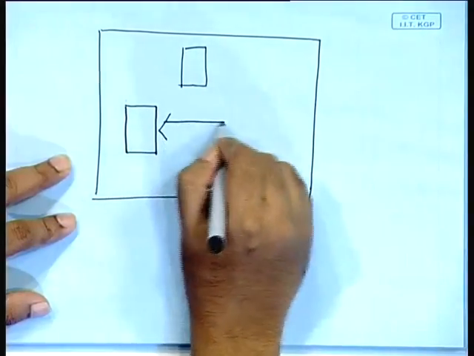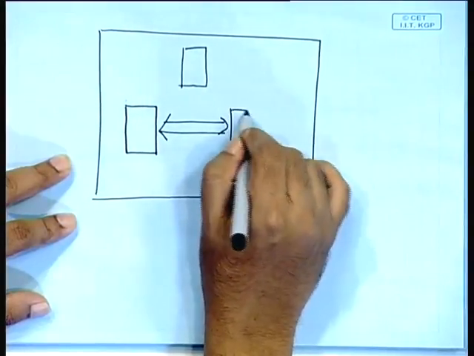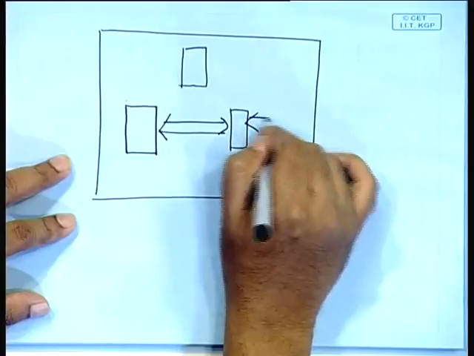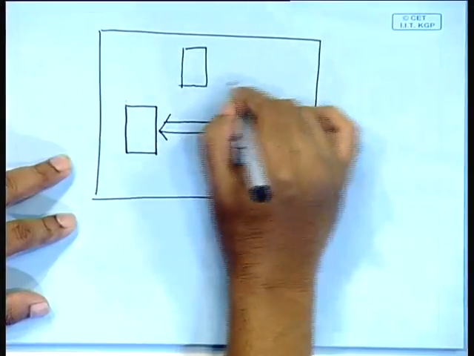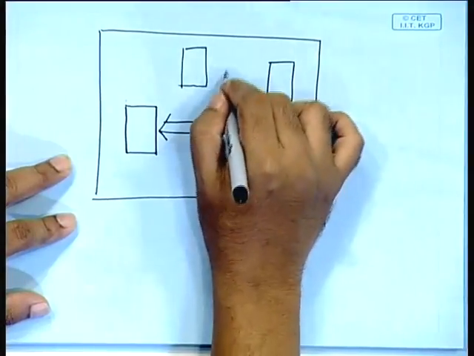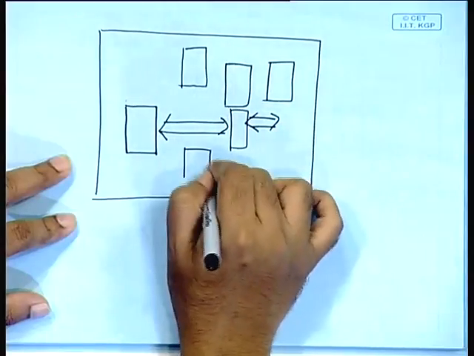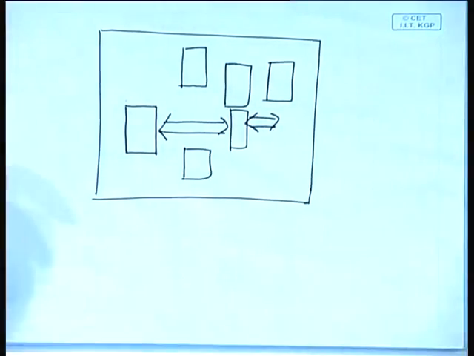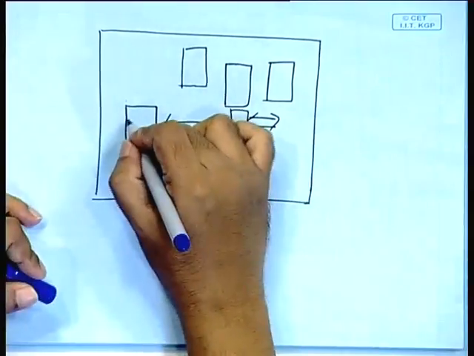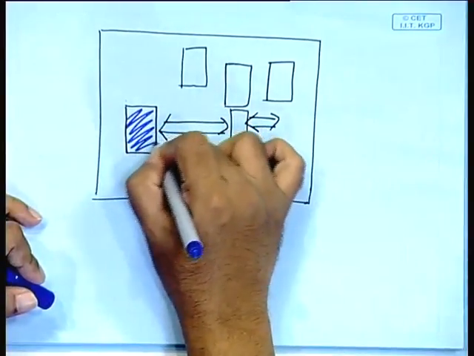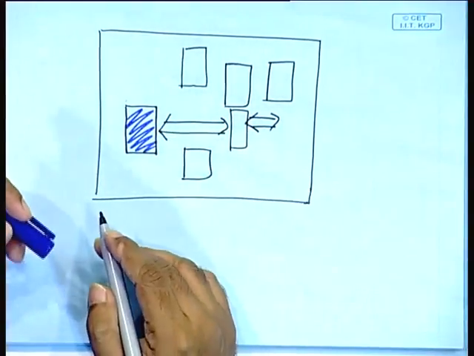It can have buses, it can have interfaces with other components. Now, this is the rest of it, and this is our DUT. This is the design that we want to test.